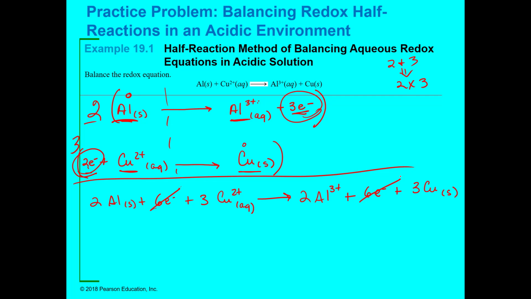And what I do to one thing, I have to do to all things. So my balanced redox equation for this is Al solid plus 3Cu2+ gives me 2Al3+ plus 3Cu solid.